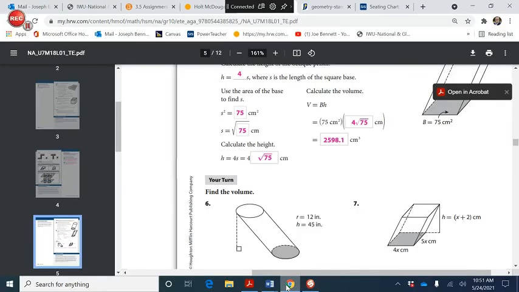Let me give you a hint. This is going to be in terms of x. You don't know what the value of x is, and that's okay.